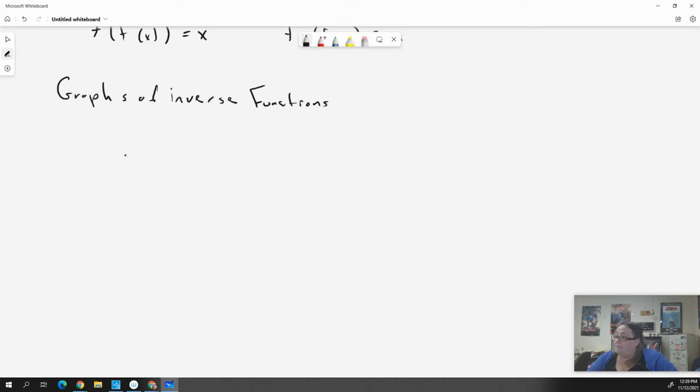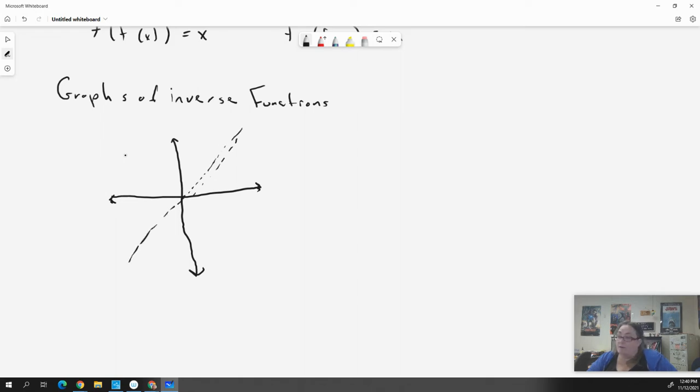So if I have a graph, because my drawing of a graph is always going to be worse, right? If I have a graph of a function, it is always going to be symmetric about what we call y equals x. It's supposed to go through the origin there. That's a little better.